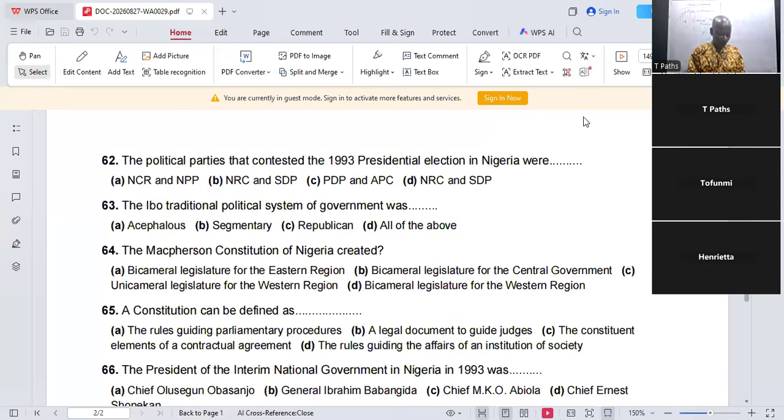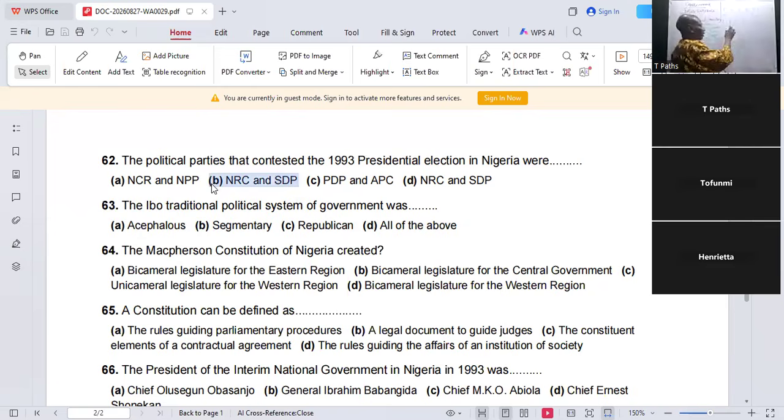C, PDP and NRC. D, NRC and SDP. There's an error here. NRC and SDP, they wrote it twice. So the answer is both B and D, probably a typographical error.